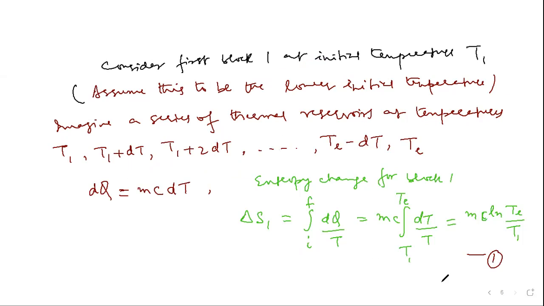We can similarly construct a descending series of reservoirs for block 2 between temperatures T2 and TE, and we can find the entropy change for block 2.